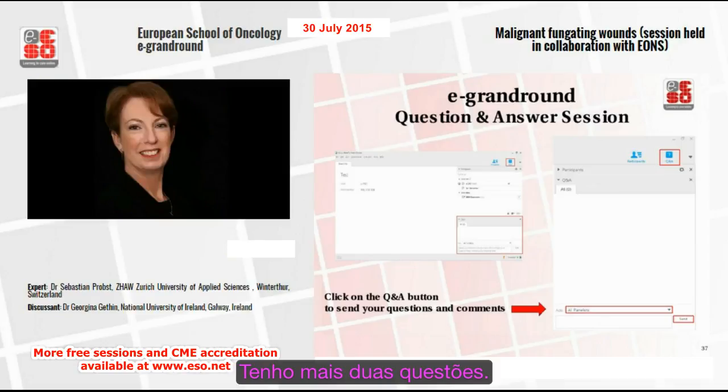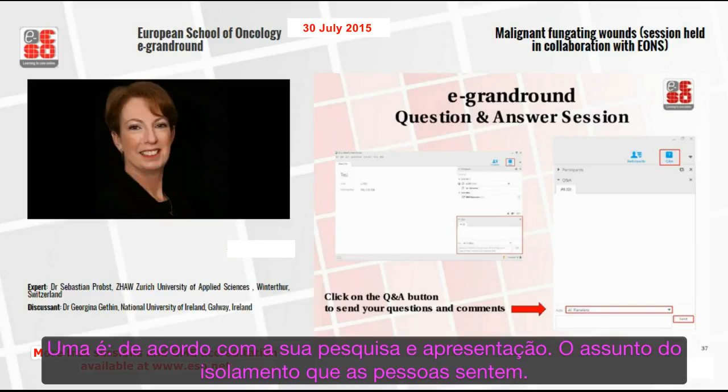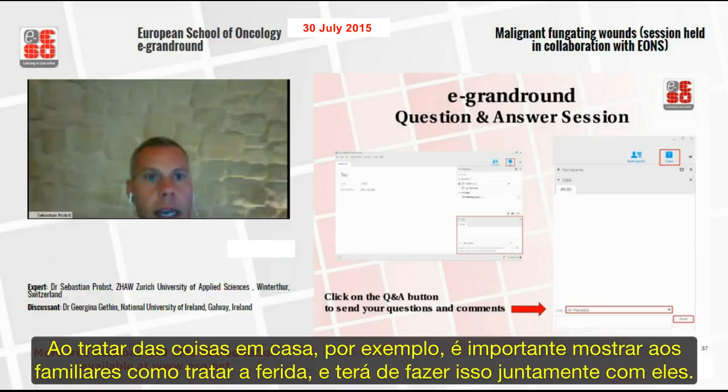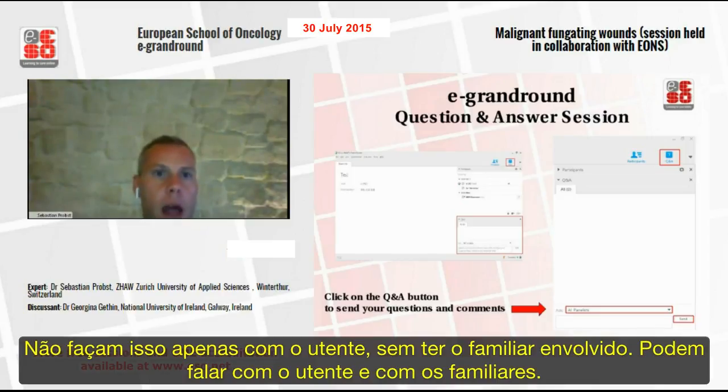I have two more questions. One is, through your own research and your presentation, the profound issue of isolation that people feel. How can we involve relatives more in helping people to cope and to manage in order to reduce isolation? If you manage wounds at home, for example, it's important to show relatives how to manage the wound and where to access products. You have to do that together with them, not only with the patient while the relative is not involved.